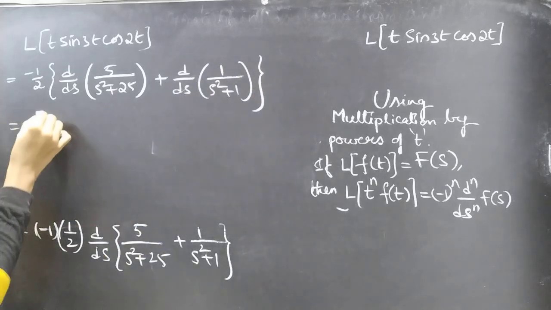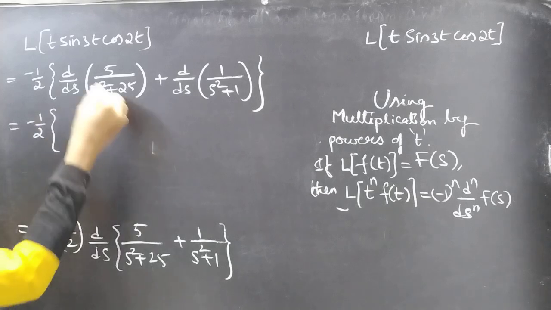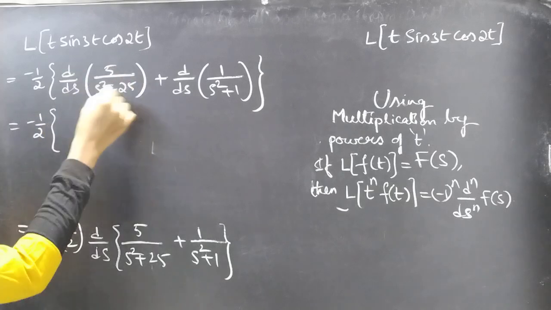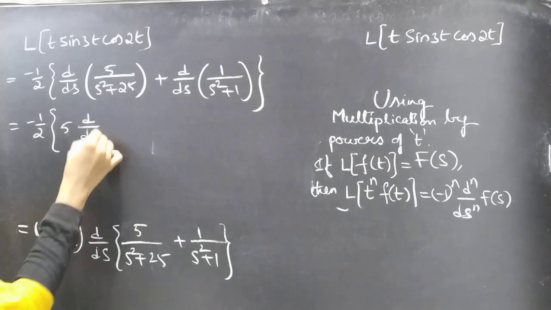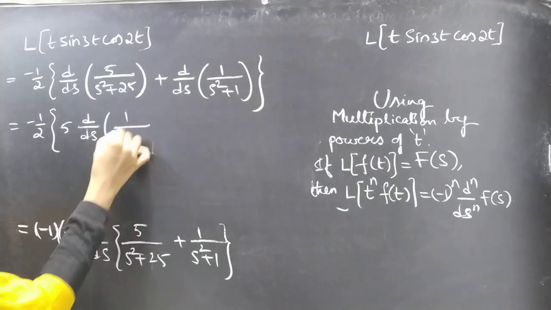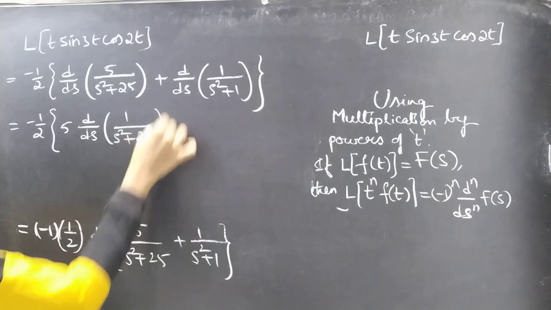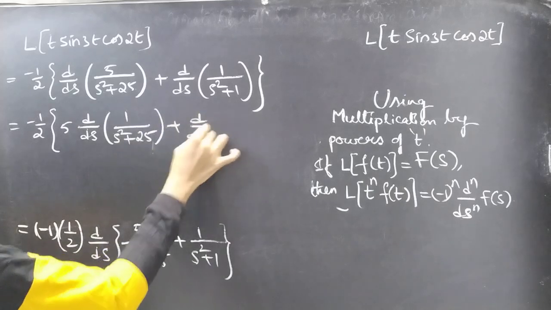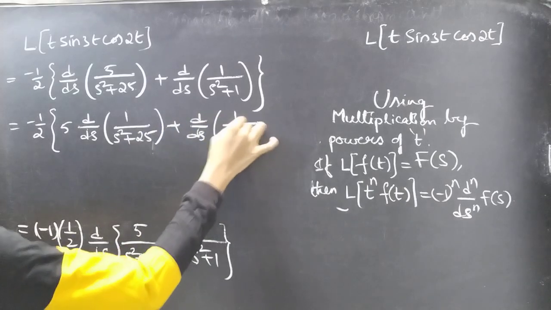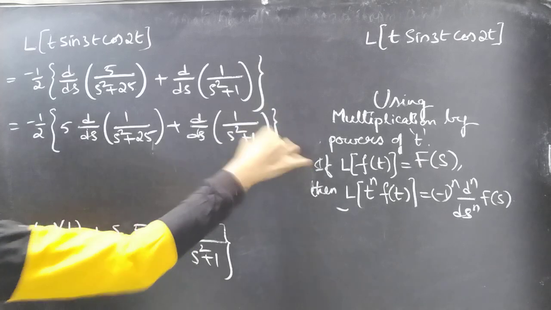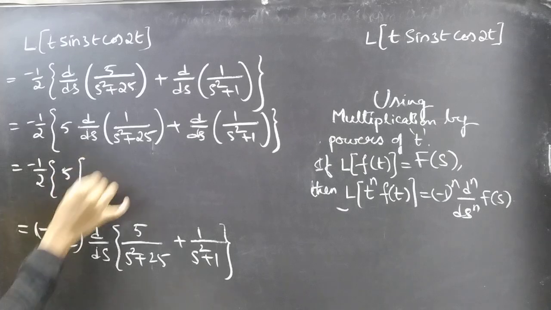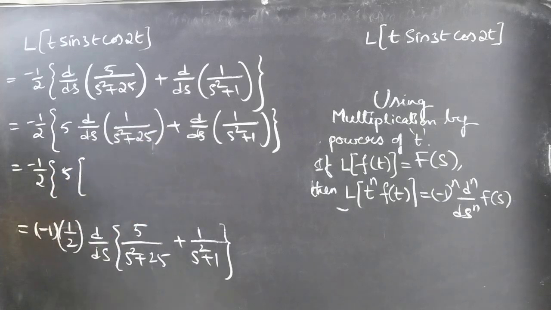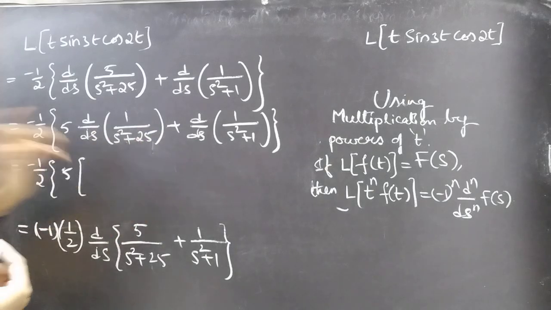This is equal to minus 1 by 2 into, here the derivative of 5 by s square plus 25 can be written as 5 into derivative of 1 by s square plus 25, plus the second term remains the same. This is equal to minus 1 by 2 into 5 into derivative of 1 by s square plus 25 with respect to s.